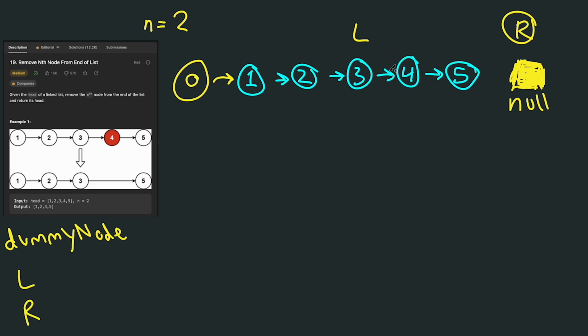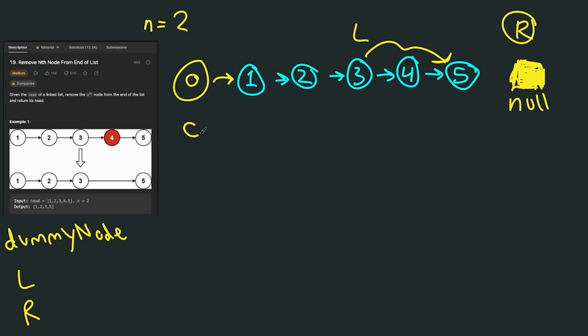So once R is equal to null, we want to reset the pointer of our left node. At the moment, left points to 4 and 4 points to 5. So what we want to do is set left's pointer to point to the place where 4 points to, which is 5.